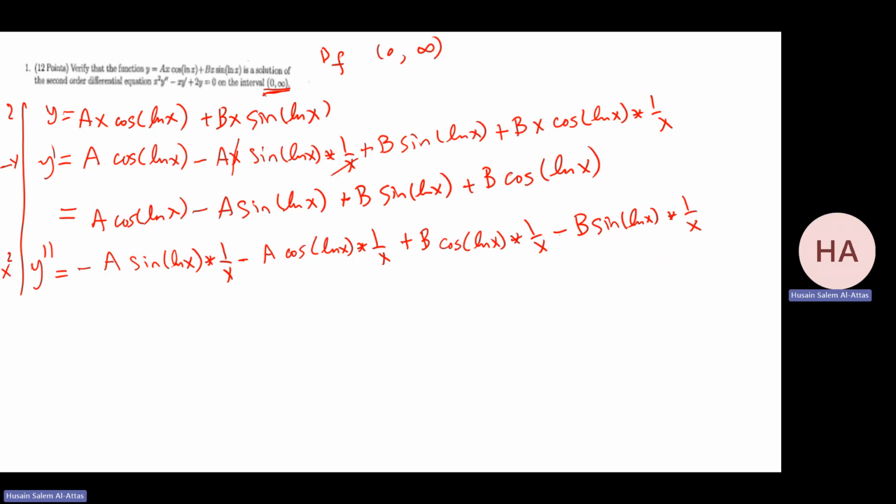Okay, let me do the left-hand side: x squared y double prime minus x y prime plus 2y.